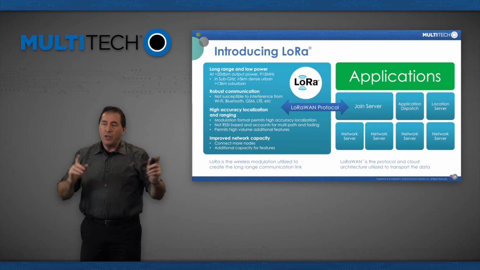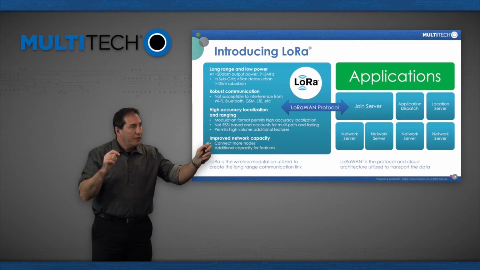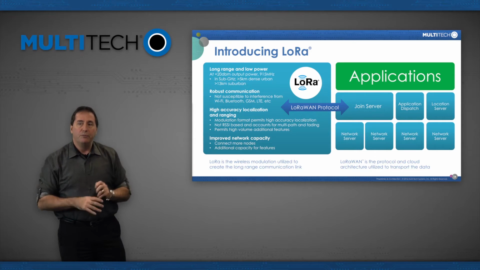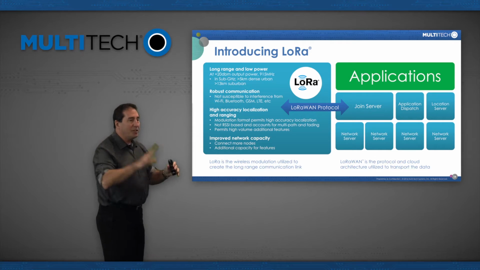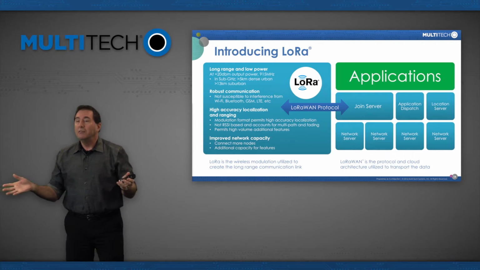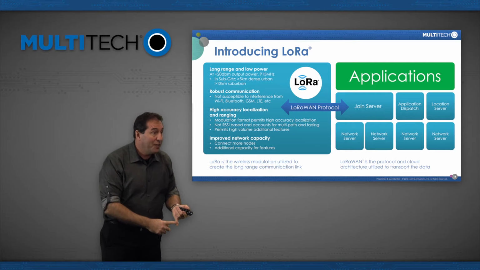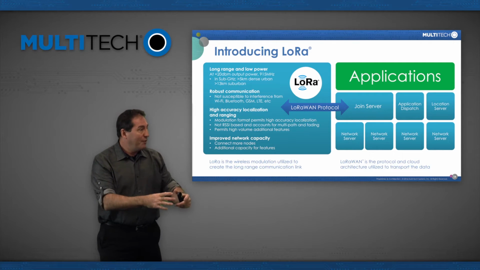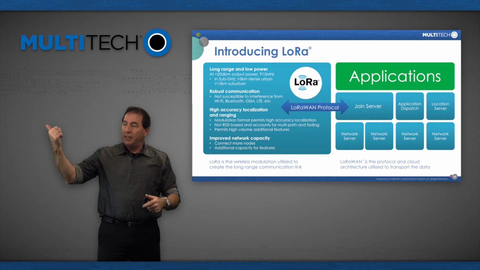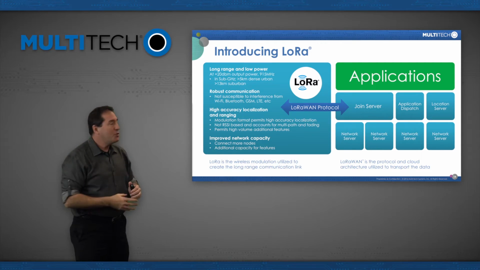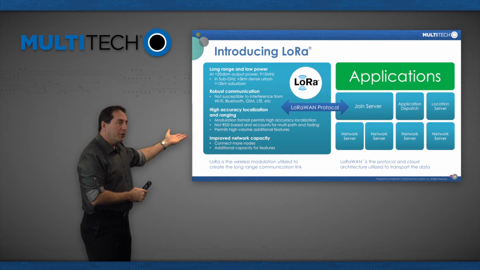So conceptually, the LoRaWAN protocol connects the endpoint to the network server. That's all it does. And this network server can actually be anywhere. It's on the network. So we put it in our Conduit. We allow you to make a private network with a network server in the Conduit, or we can put it up in the cloud. In either case, it is managing this communication channel with the endpoints.